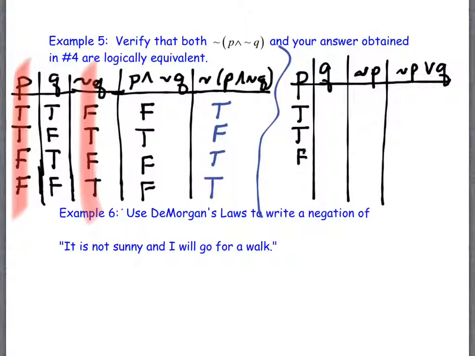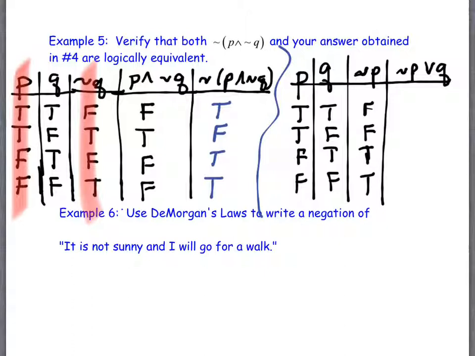True, true, false, false. Column Q? True, false, true, false. Now tilde P will say what? False, false, true, true, because I'm going back to column P, the very first column, to do that.